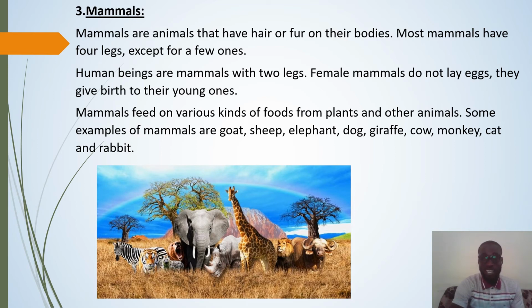Instead, they give birth. Mammals feed on various kinds of foods from plants and other animals. Some examples of mammals are goats, sheep, elephant, dog, giraffe, cow, monkey, cat, and the rabbit.